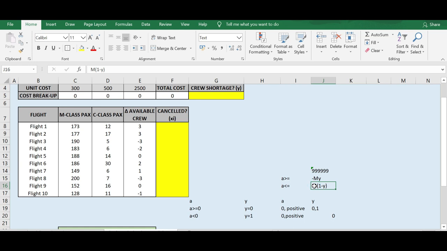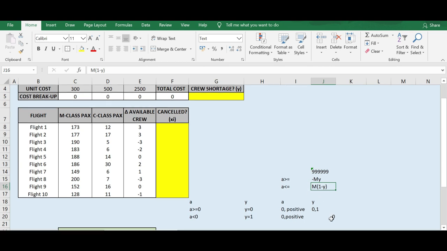Because if y were 1, then this entire thing would be 0 and A would not be positive anymore. So in order to make the left hand side positive, this expression forces y to take a value of 0. Great, that means this part is satisfied.